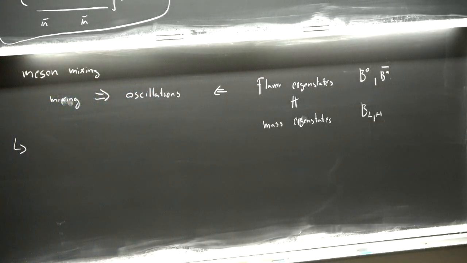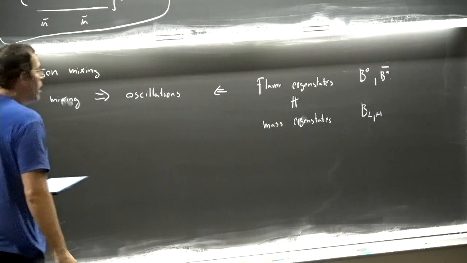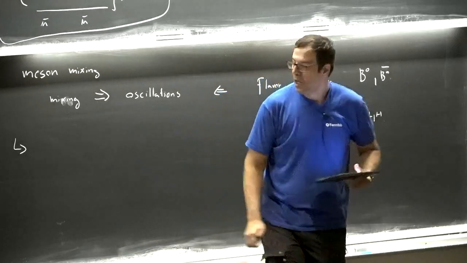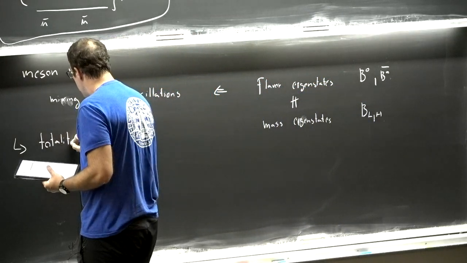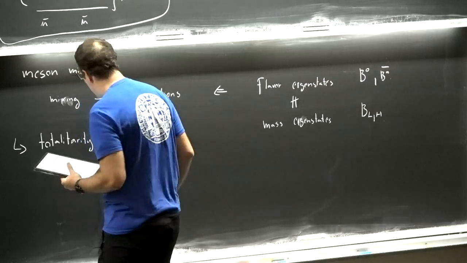It's good to pause a little bit. Now it's a peculiar thing that is happening. So I take one state, and now I'm able to convert it to a different state by doing this weak interaction. And again, I think Matthew had this totalitarian principle.